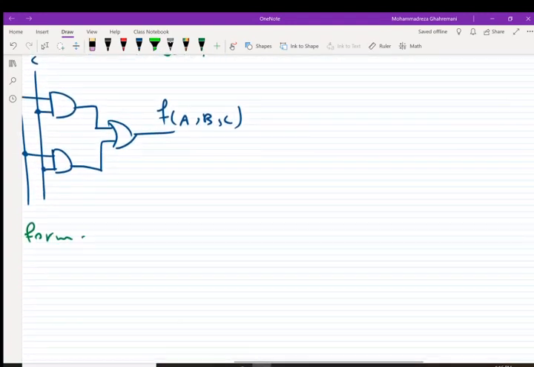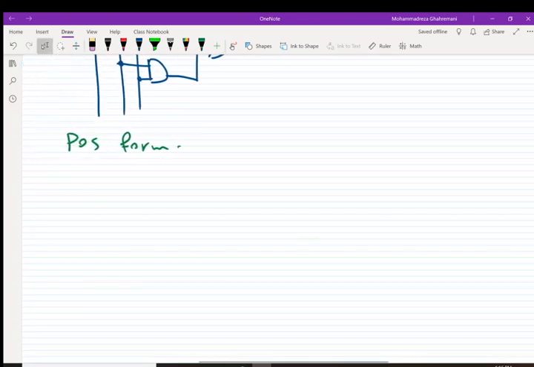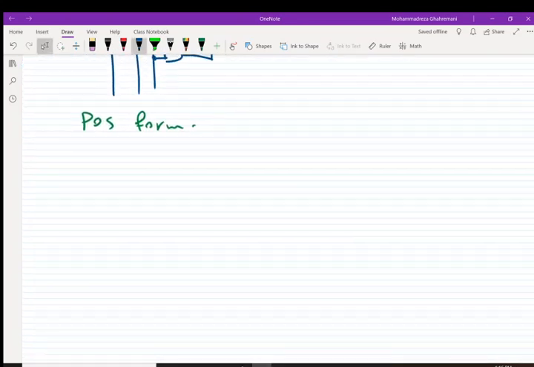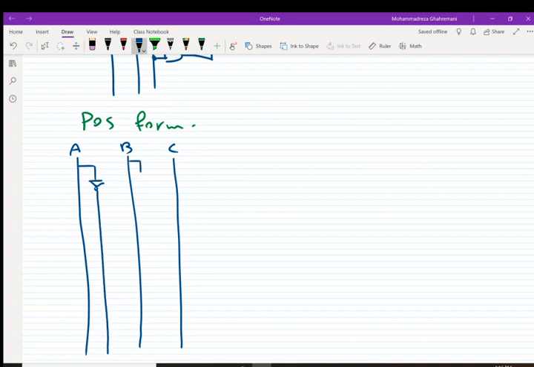Let's do that. Here is A, here is B, here is C. We complement all these variables.